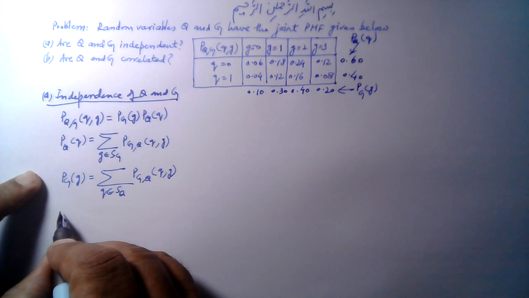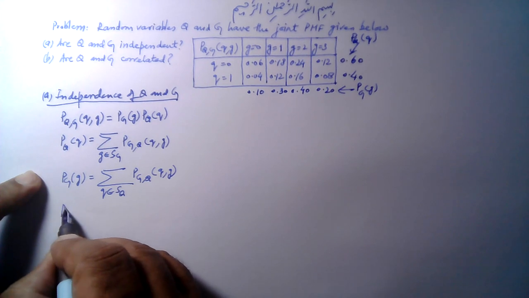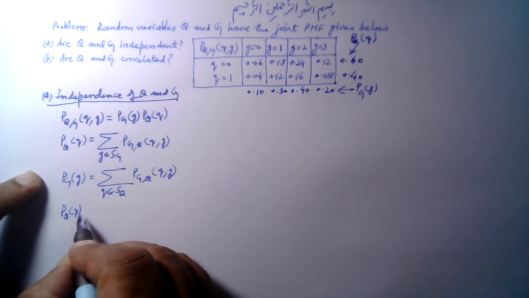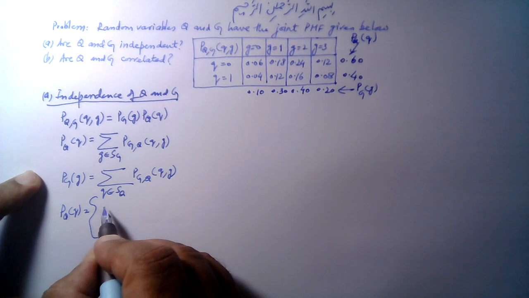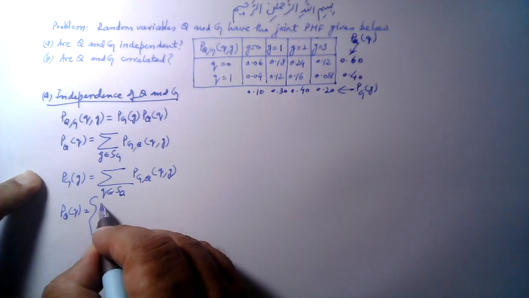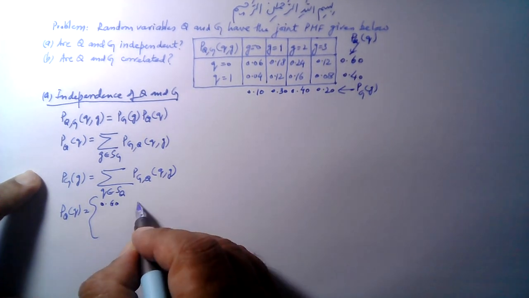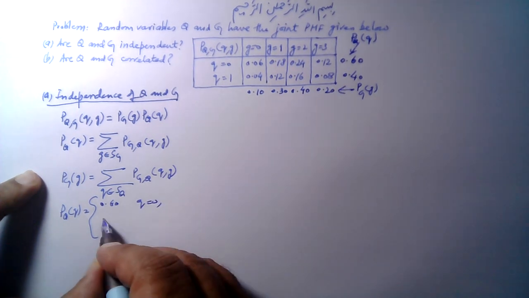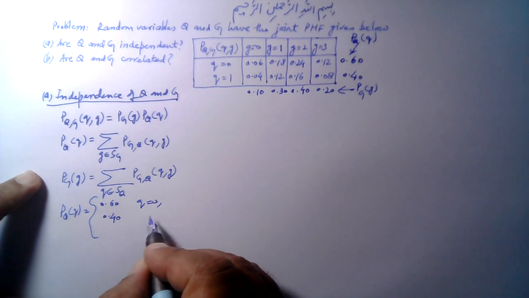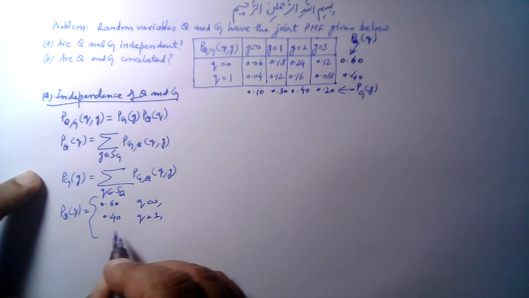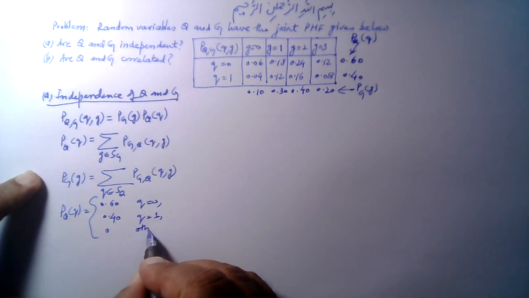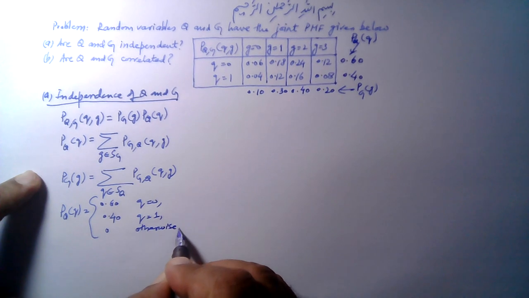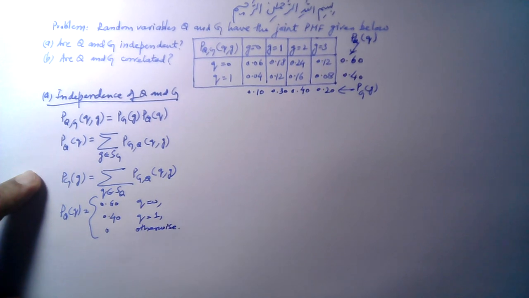Let's write them down here. So P_Q of q, it is 0.60 when Q is equal to 0, right? And it is the probability 0.40 when Q is equal to 1, and this is 0 otherwise, right?